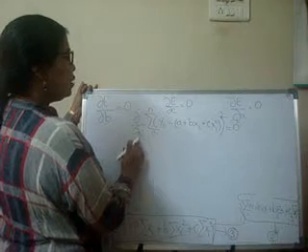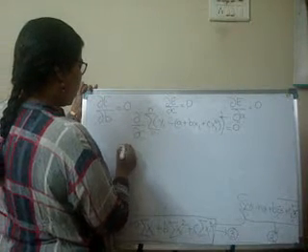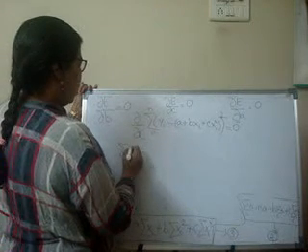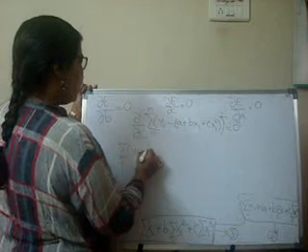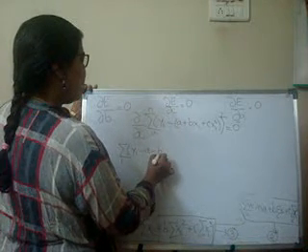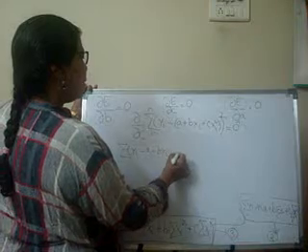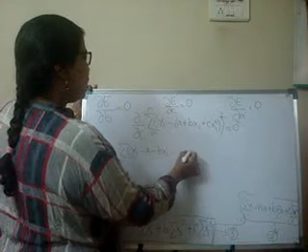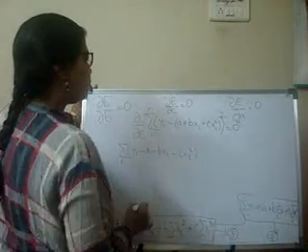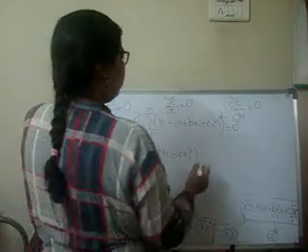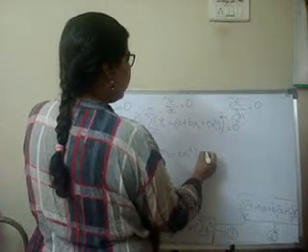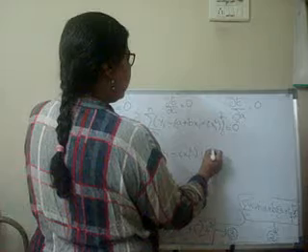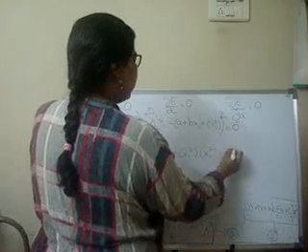Now, with respect to c, if we do summation over i (yi minus a minus bxi minus cxi square) into xi square equals to 0.